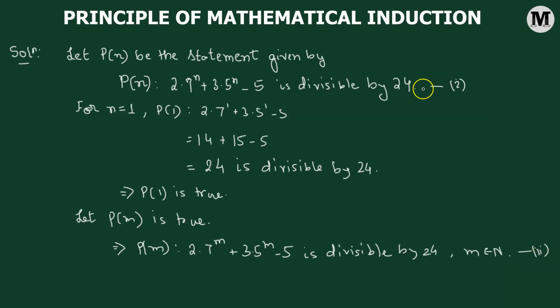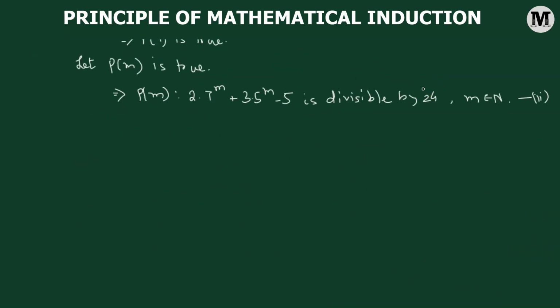Okay, now that we have assumed that P(m) is true, our goal will be to show that P(m+1), where m+1 represents the natural number consecutive to that of m, the next natural number, is also true. What does P(m+1) mean?